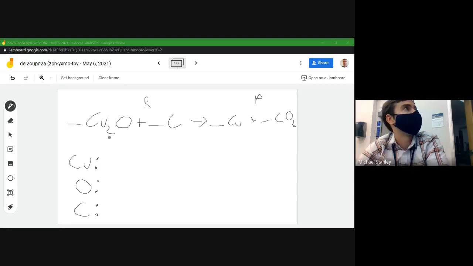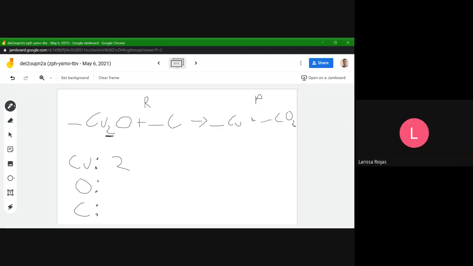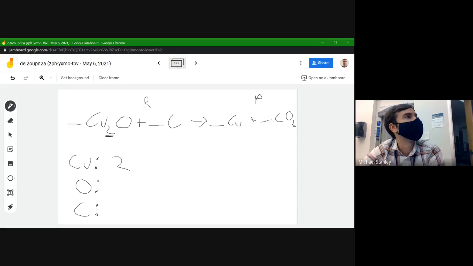We have 2 coppers because this guy right here goes to our copper, our Cu right here. These guys are together. So we've got 2 coppers. What about O's? How many oxygens do we have? 1. 1, exactly. And then finally, how many carbons do we have? 1. 1, precisely. So 2, 1, and 1 over on our reactant side.